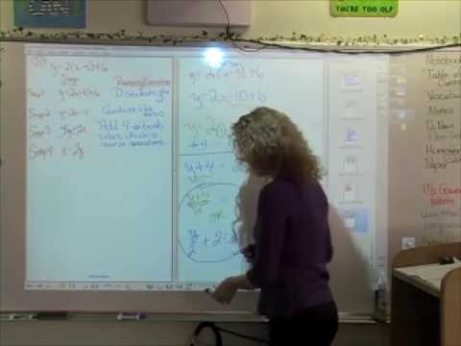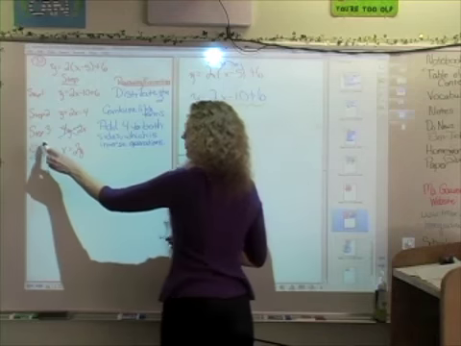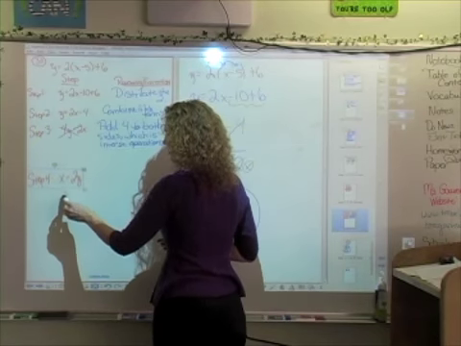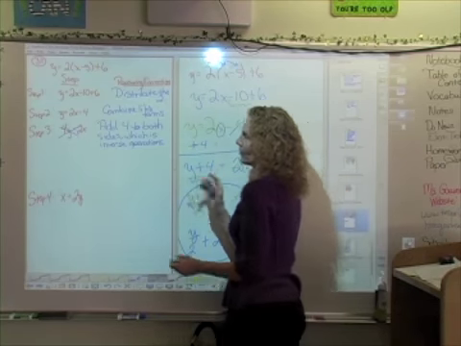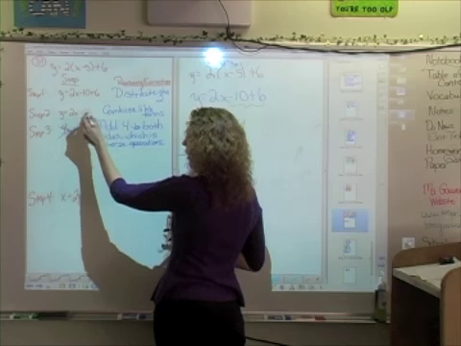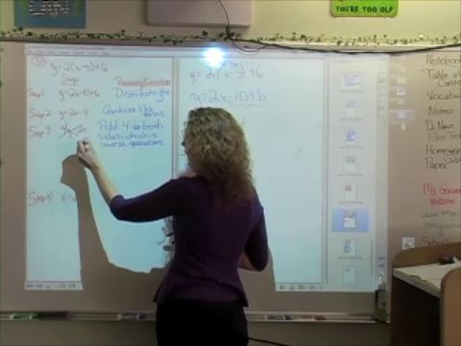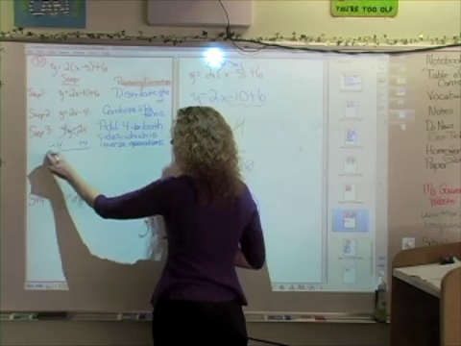I see they have their mistake, so I'm actually going to take this and scoot this down a little bit so I can have some room. And I'm going to bring over the part where they were supposed to have done. So I'm going to over here say add 4 to both sides.